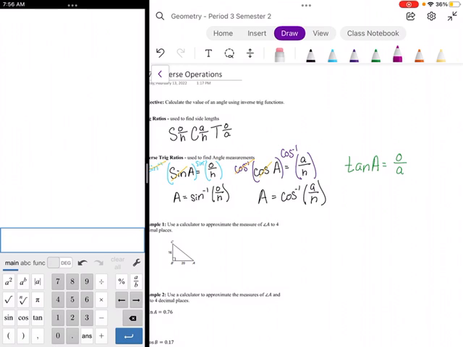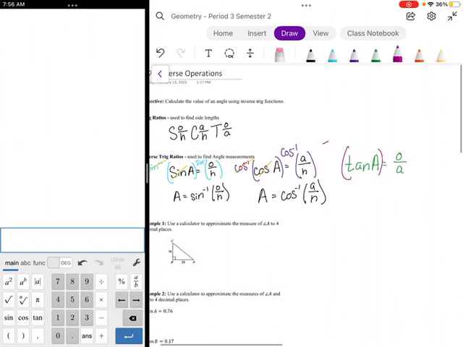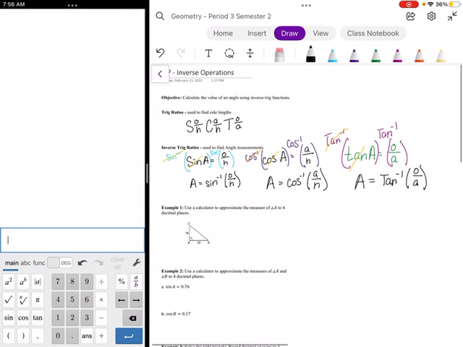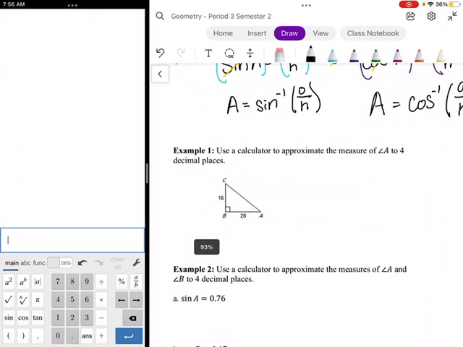And we would multiply by our inverse tan on both sides. So they simplify, and we're left with angle A equals the inverse tan of opposite over adjacent. So that's how we're going to use SOHCAHTOA to also find our angle measurements in a triangle.